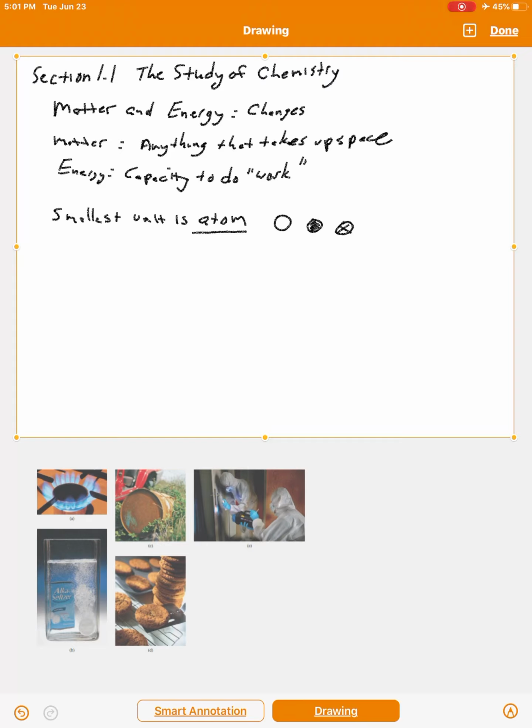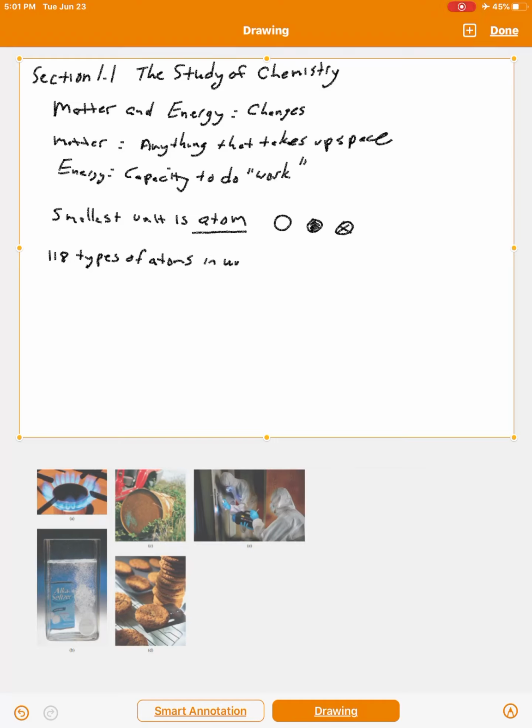It turns out there are different types of atoms. There's around 118 types of atoms in the universe that we know of, and those are called elements. And you're familiar with some of these elements. You're familiar, for example, of hydrogen.